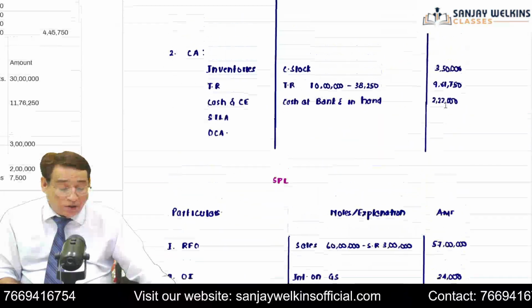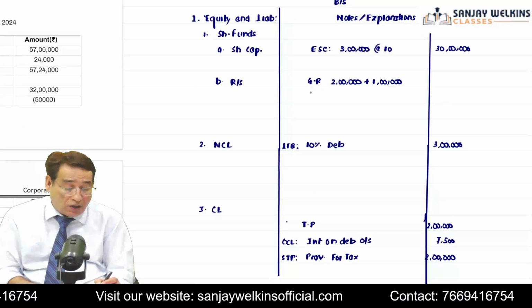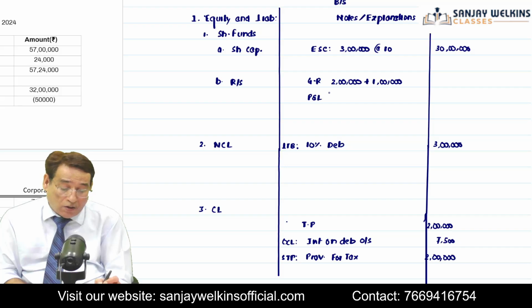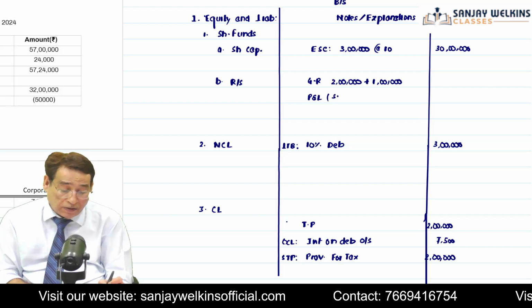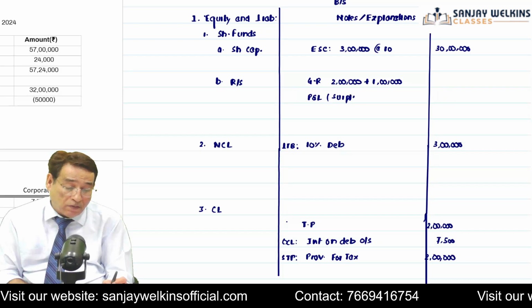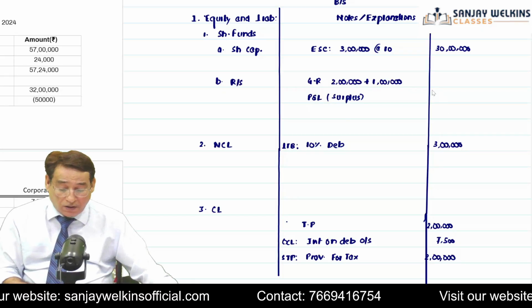Now we are going to write this balance in the balance sheet under reserve and surplus. So I will write here P&L, and you can write in brackets surplus. So this is your surplus. The surplus was how much?